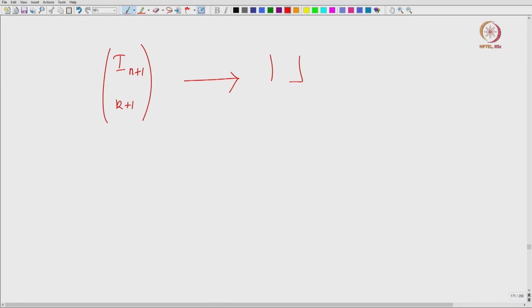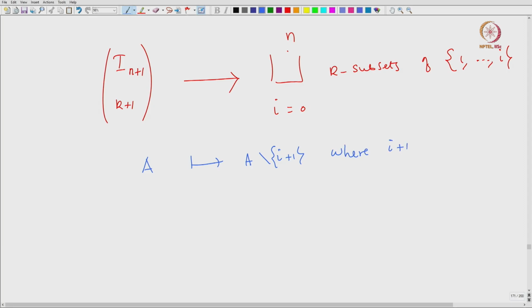From there, we take the disjoint union, where I ranges from 0 to n, of k subsets of 1 to I. The map is defined to be A goes to A difference I plus 1, where I plus 1 is chosen to be the max of A. Okay. And it is easy to see that this map is indeed a bijective correspondence.